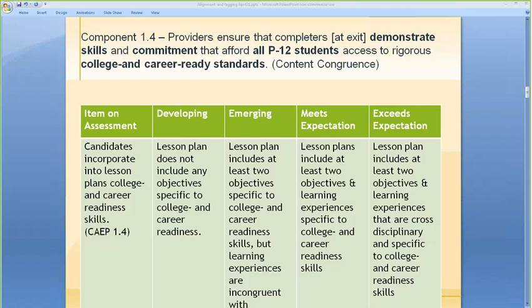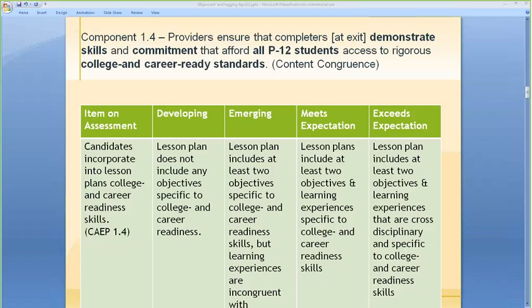In the next, it includes at least 2 objectives specific to college and career readiness, but the learning experiences don't match the objectives. Then the lesson plan includes at least 2 objectives, and the learning experiences are specific to college and career readiness. And finally, the lesson plan includes at least 2 objectives, and the learning experiences are cross-disciplinary and specific to college and career readiness.